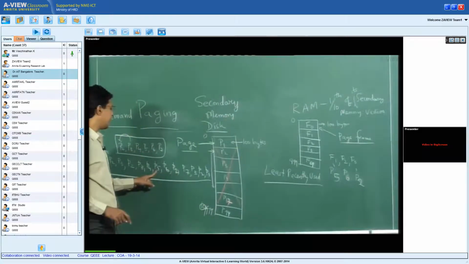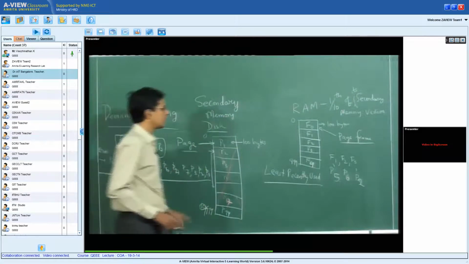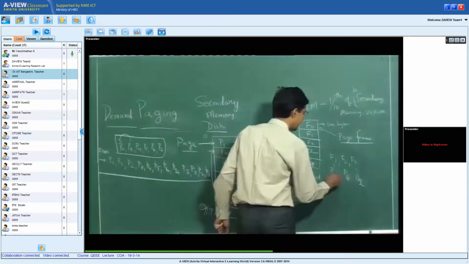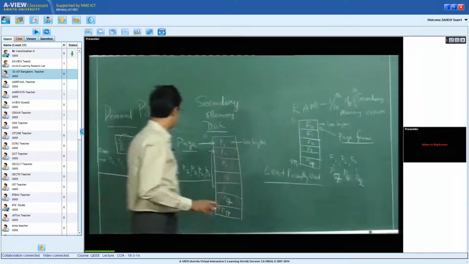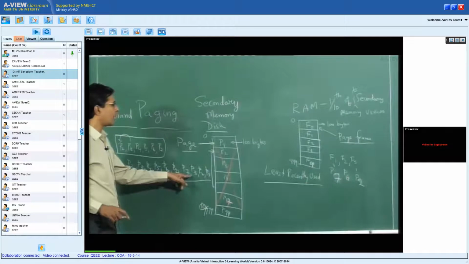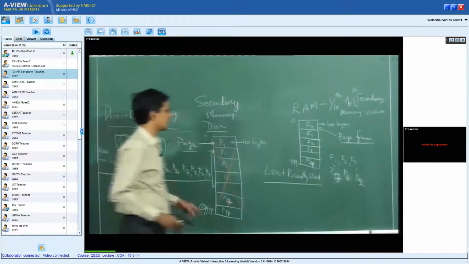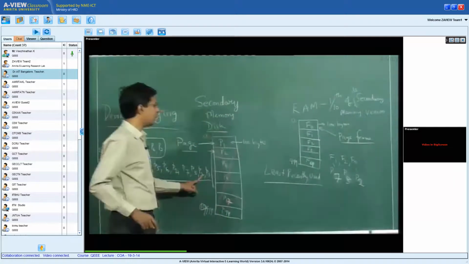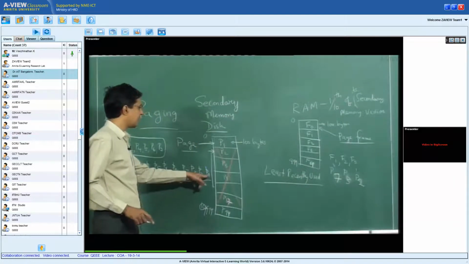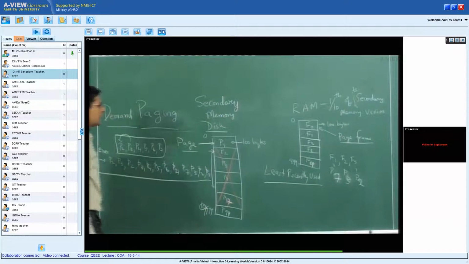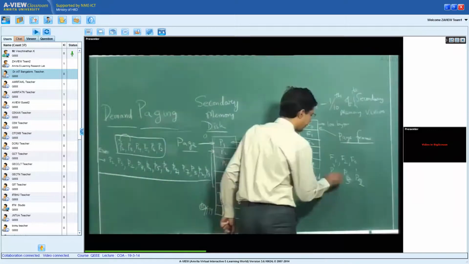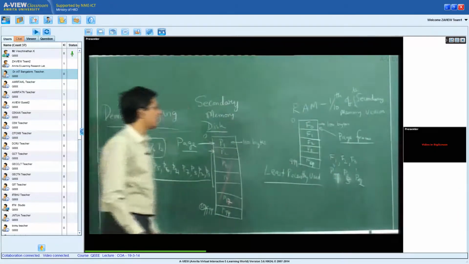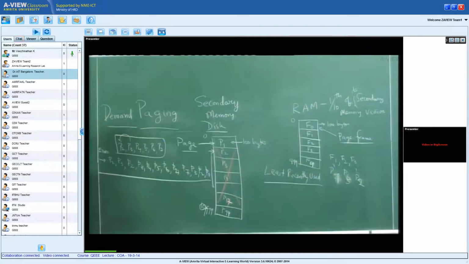Now P7 comes, now again P3 comes, again P2 is already there, and now P1 comes. So this is how the entire execution happens.